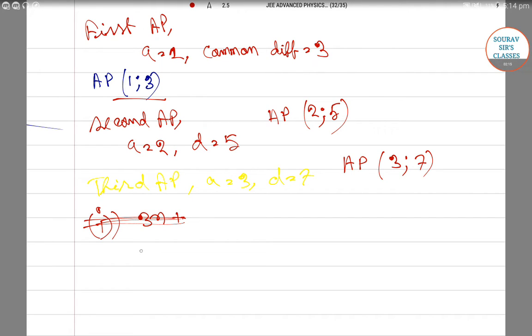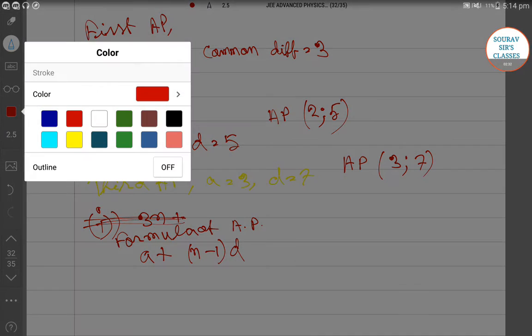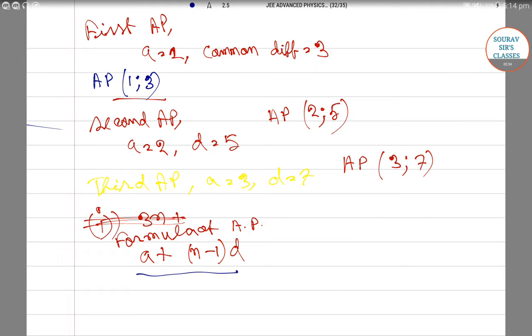So the formula of AP is A plus (n minus 1) into D, where A is the first term and D is the common difference.